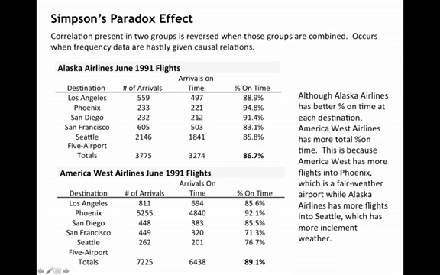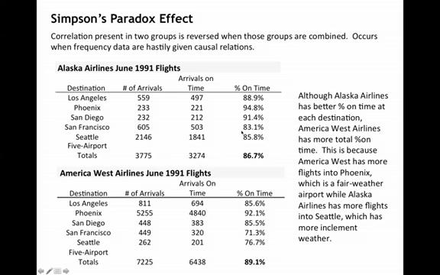Well, if you look more closely, what's actually happening is that America West Airlines, most of their flights fly into Phoenix, and Phoenix is a very temperate city. It has very temperate weather, and 92.1% of their flights there are on time. However, Alaska Airlines, most of their flights are into Seattle, and it rains a lot in Seattle, and only 85.8% of those are on time.